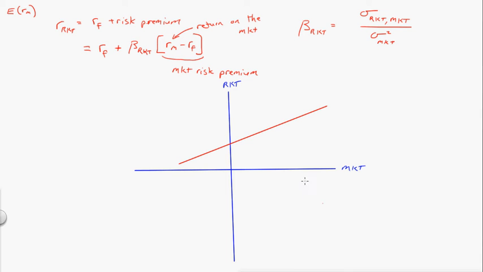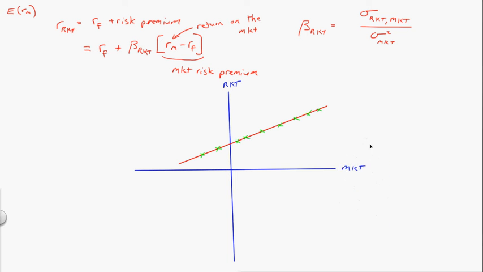So each point here, the market goes up, Rock-Ten goes up. The market goes up, Rock-Ten goes up. The market goes down, Rock-Ten goes down. And every return pair for the market and Rock-Ten lies on that perfectly straight line. If that's true, then the CAPM works exactly.